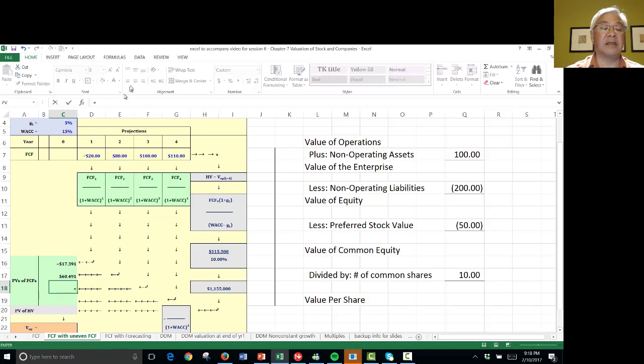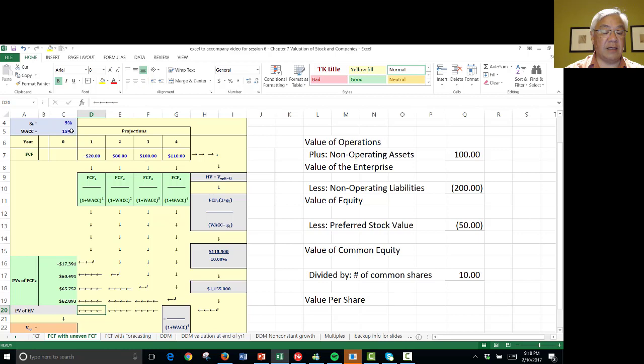And for the third year, it's 100 divided by 1 plus WACC raised to the third power. And finally the fourth, which is 110 divided by 1 plus WACC raised to the fourth power.